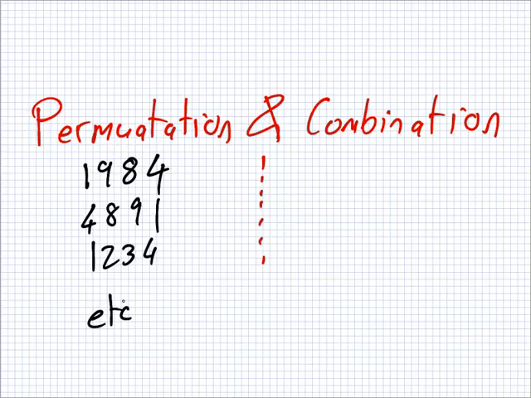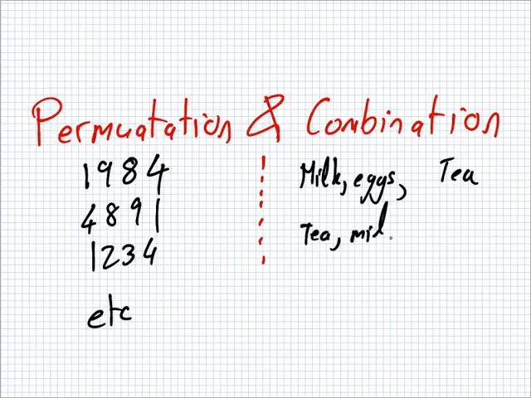So how is this different to a combination? Well, I'll give you an example of a combination. If you go to the shop and you need to get milk, eggs, and tea, that's the same as going to the shop and getting tea, milk, and eggs.